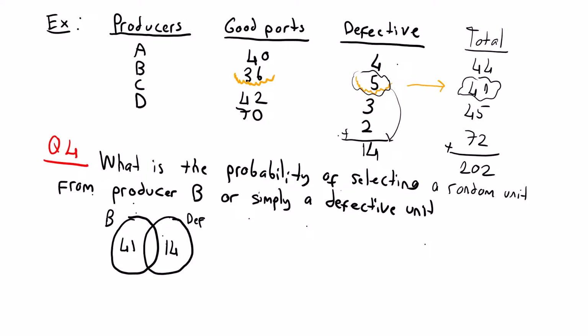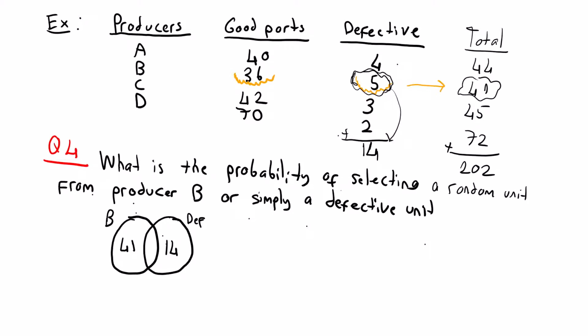That 5 is used in the first part of the problem, and the same 5 is also considered when we calculated the total number of defective units. So those 5 defective units are counted twice here, and we want to remove one set from our calculation. We only want to use it once.